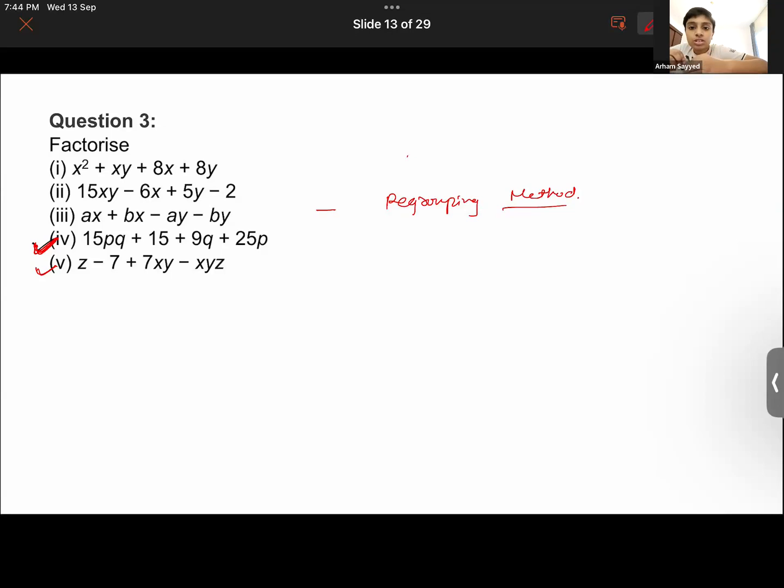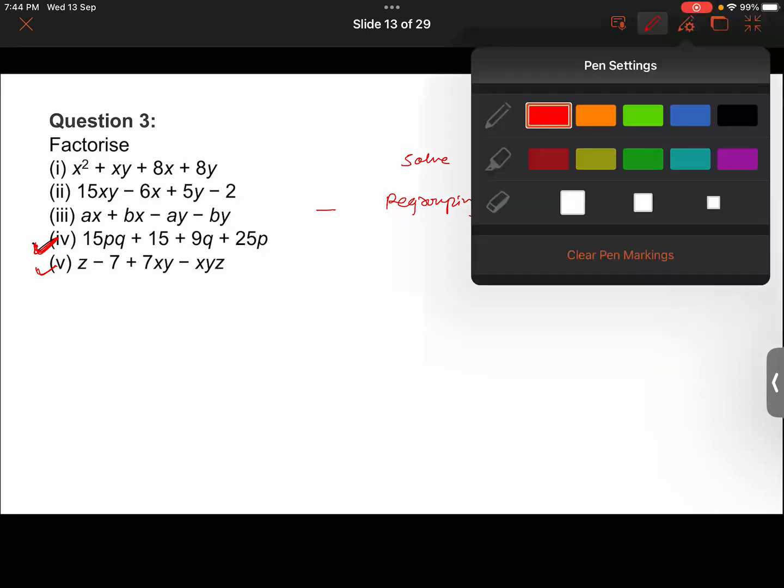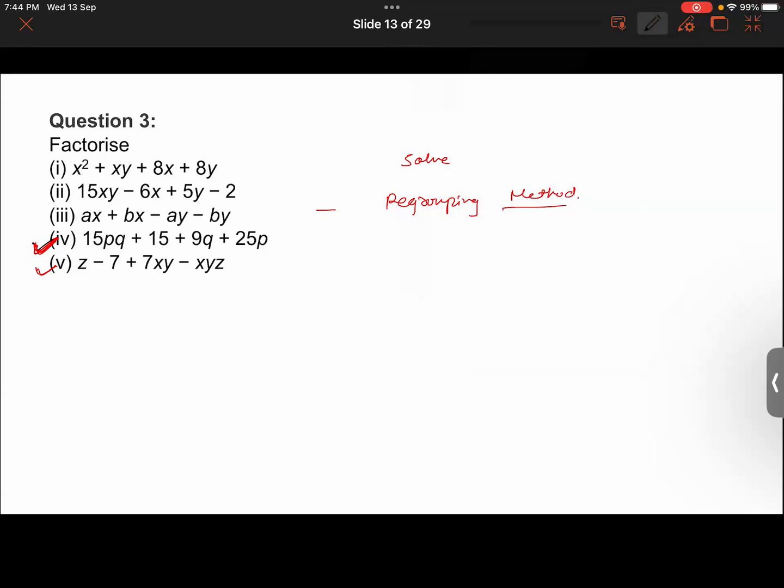In the fourth question, we will take 15PQ and 9Q and 25P as common. No, here you have to make two groups, 15PQ, 15, 9Q, and 25P. You have to use your brain and make two groups in such a way that common things are there in the two terms.